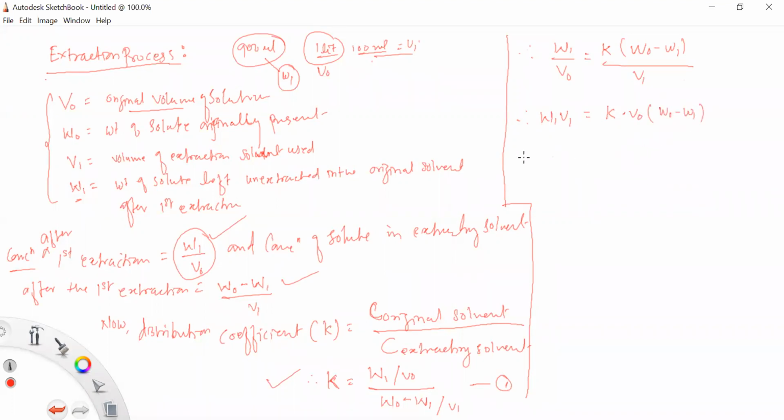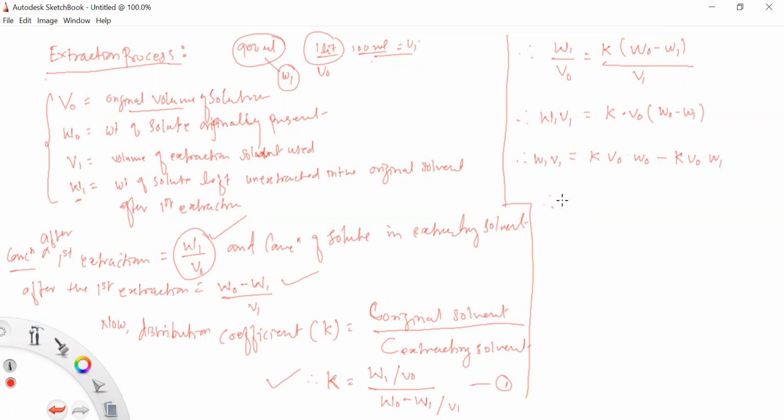Multiplying, it becomes K into V0 into W0 minus K into V0 into W1.